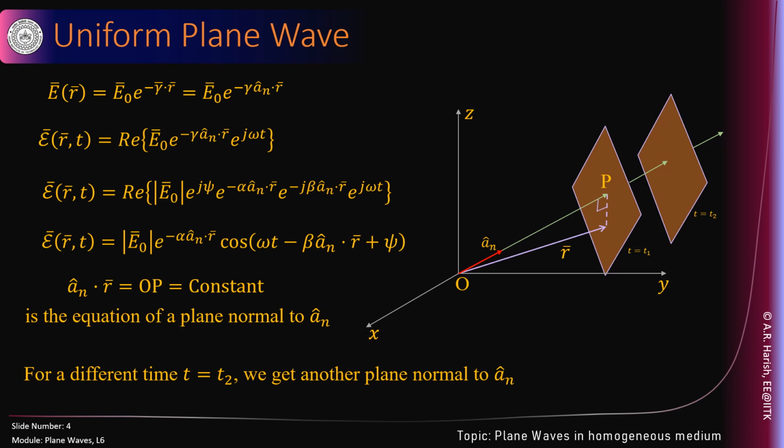If it were plus gamma a n cap dot r, it will be a wave propagating in the minus a n cap direction. So this gives us a feel for the way the plane wave is propagating, and the constant phase surfaces are planes which are normal to the direction of propagation.